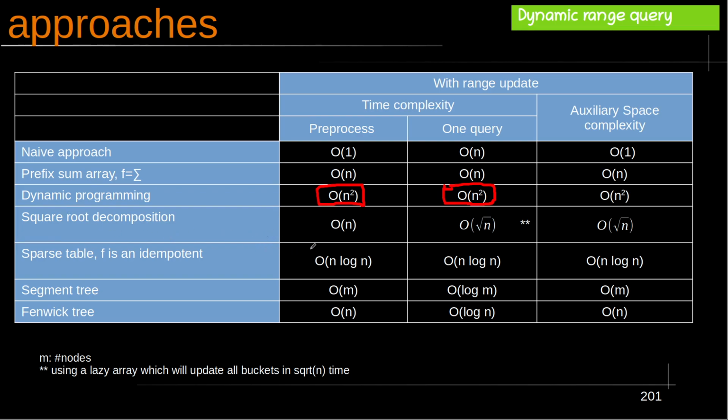The square root decomposition. I need to pre-process the data once in linear time. We have seen in the static range query that I need square root time complexity to answer one query in the worst case, and the space complexity is also square root.